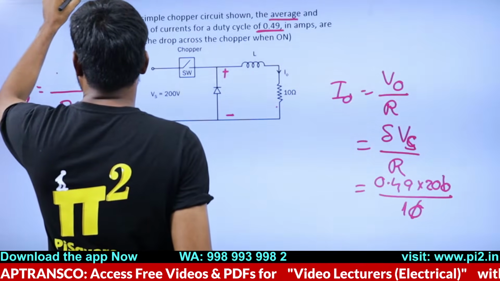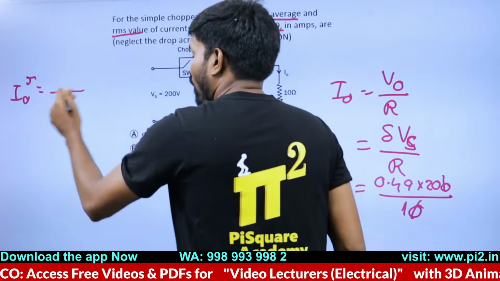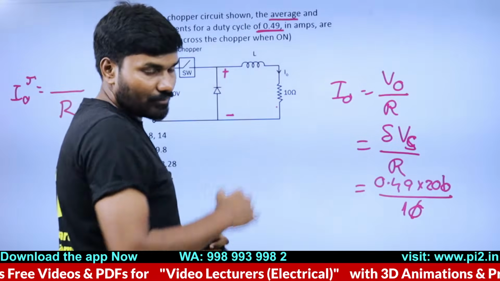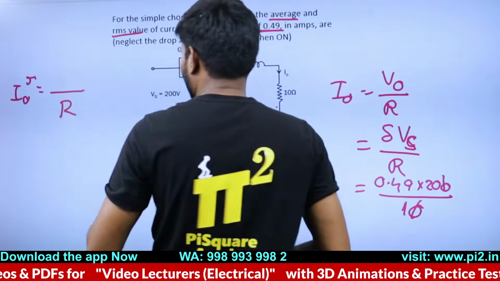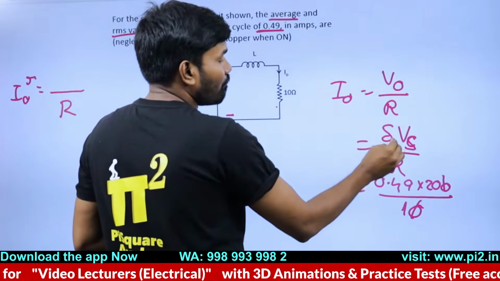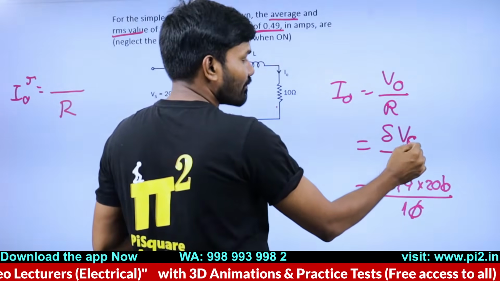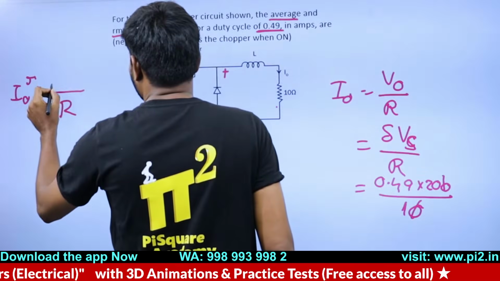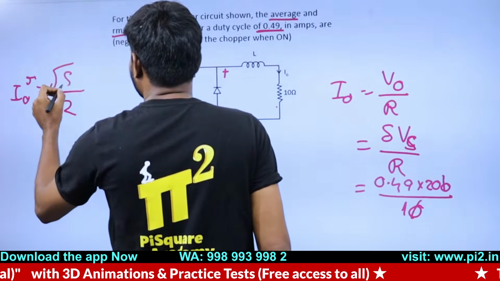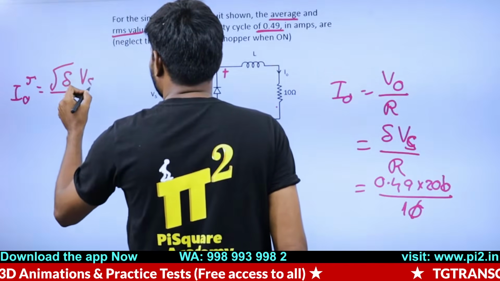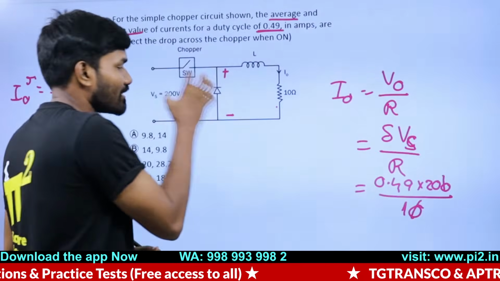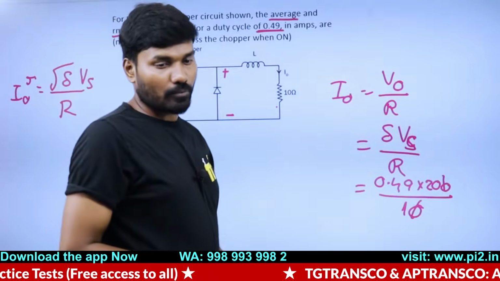Simple as that. Now the RMS voltage formula. Here you will get root delta into Vs, because it's a basic step down chopper.